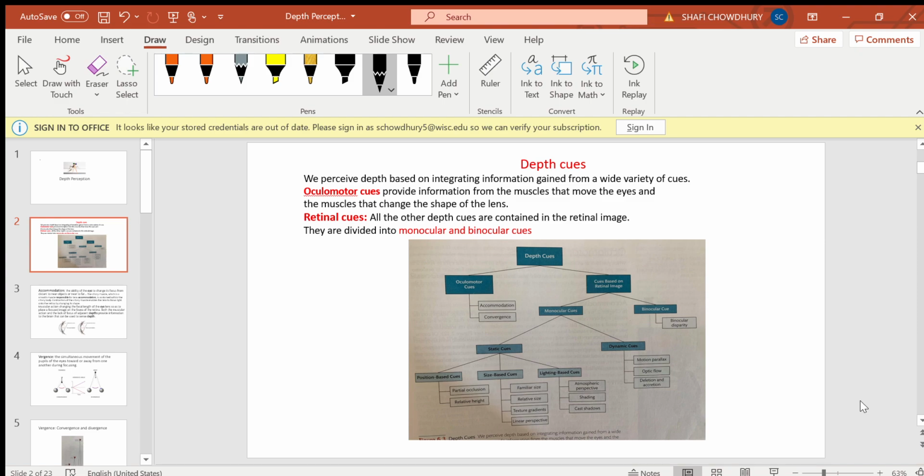Hello everybody. Today we'll talk about visual depth perception. You know that we live in 3D and also we move in 3D space, and to perceive the depth in the space around us is very important.